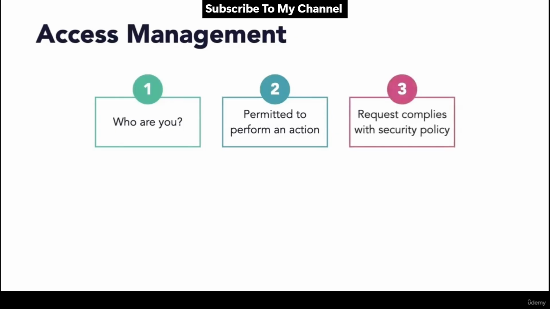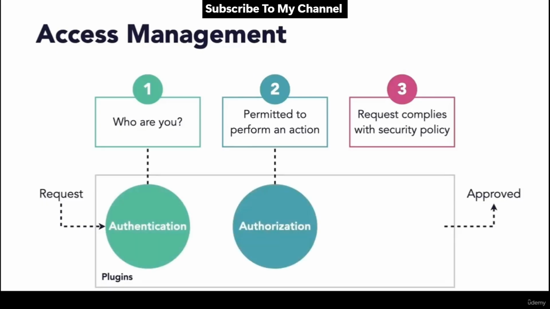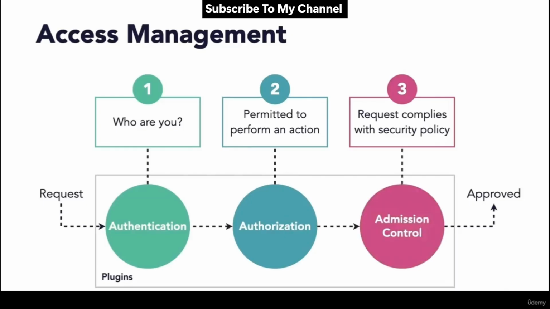And third, the requested operation, especially if it modifies a Kubernetes object, must be compliant with the security policy. The API server takes the help of three access control plugins to verify these criteria: authentication plugins, authorization plugins, and admission control plugins. Now let's start to look at the authentication plugins.